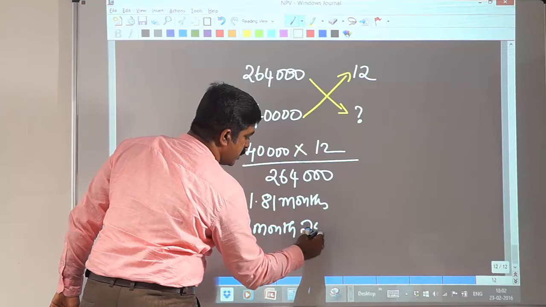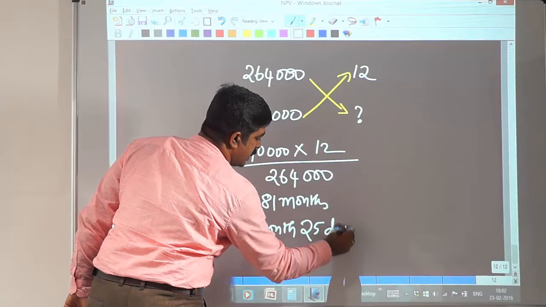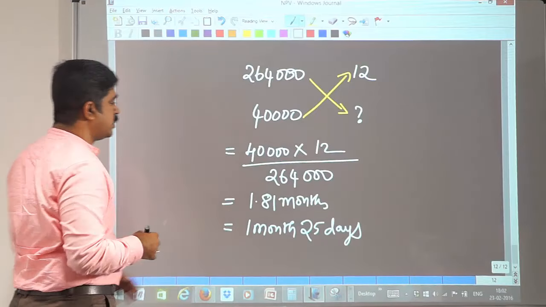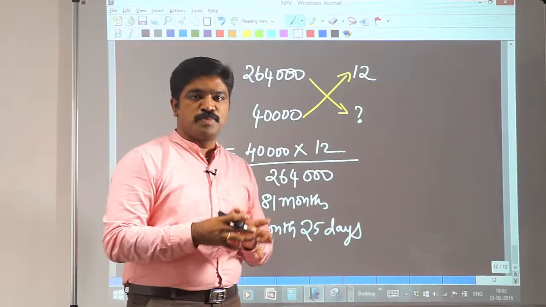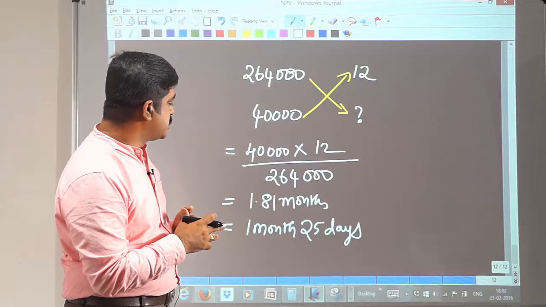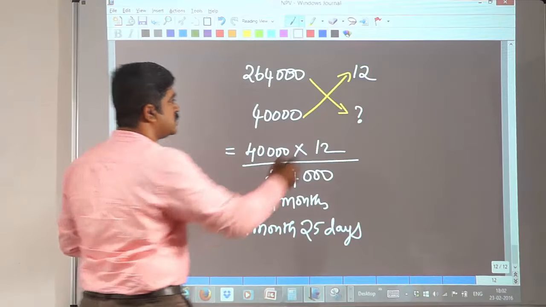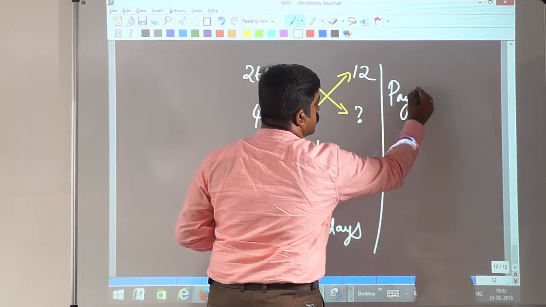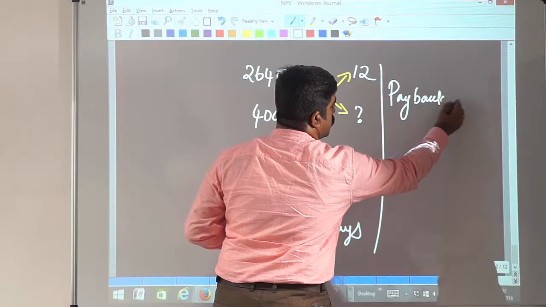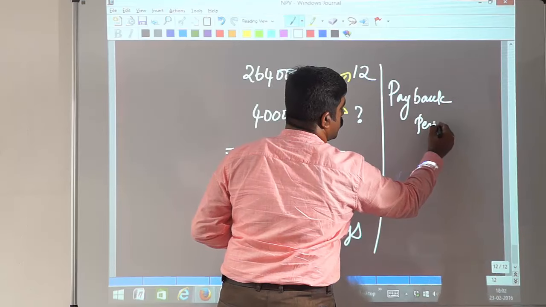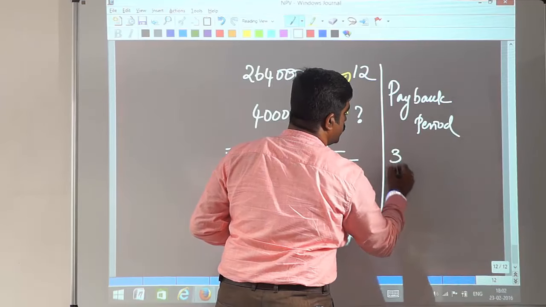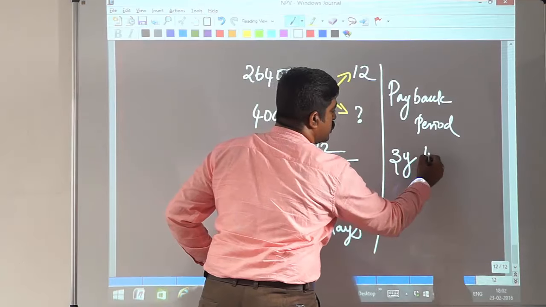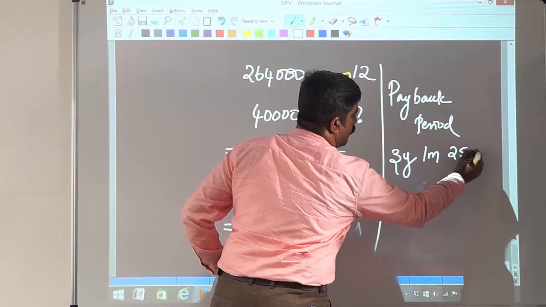It means it will take 1 month and 25 days to recover this 40,000 alone. And over a period of 3 years, that 9,60,000 is already recovered. So what is the payback period? The payback period is 3 years, 1 month and 25 days.